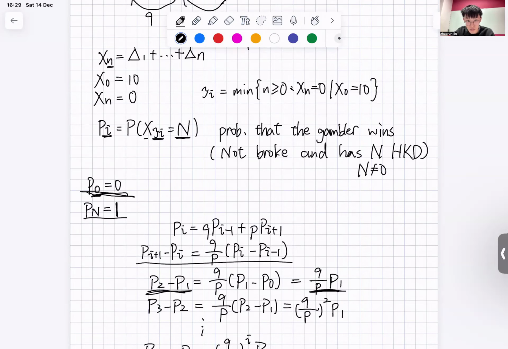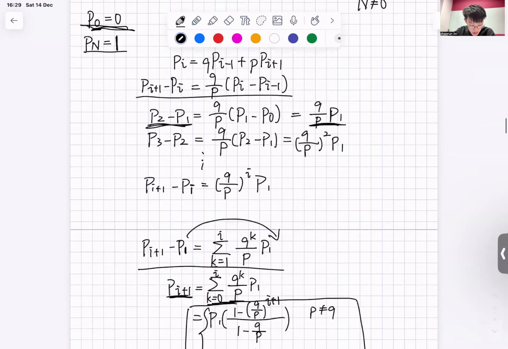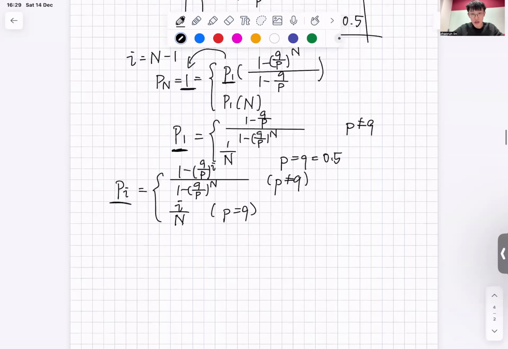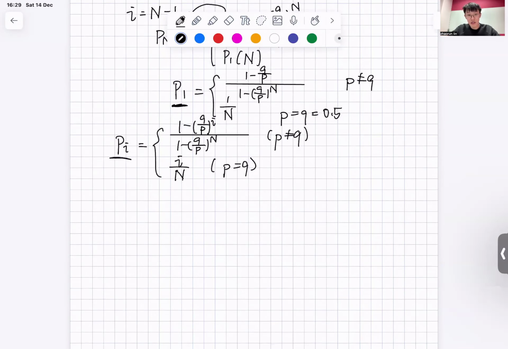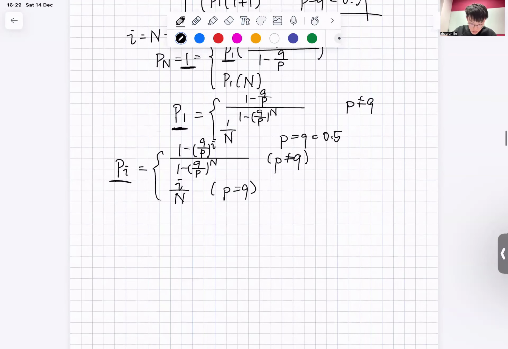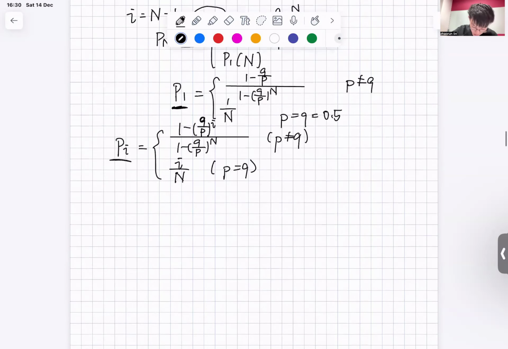So when the gambler takes infinitely many rounds, and eventually we see that in question 3, P is not equal to Q. So we are interested in P10.